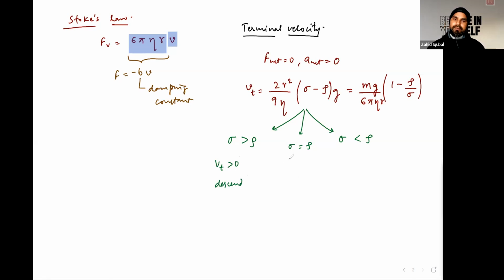In the second case, if the density of the object and the density of the medium become equal, terminal velocity will become zero. So in this case, there will be no movement of that particular body upward or downward. And in the third case, if sigma is less than rho, terminal velocity will become negative. It means it will start ascending.